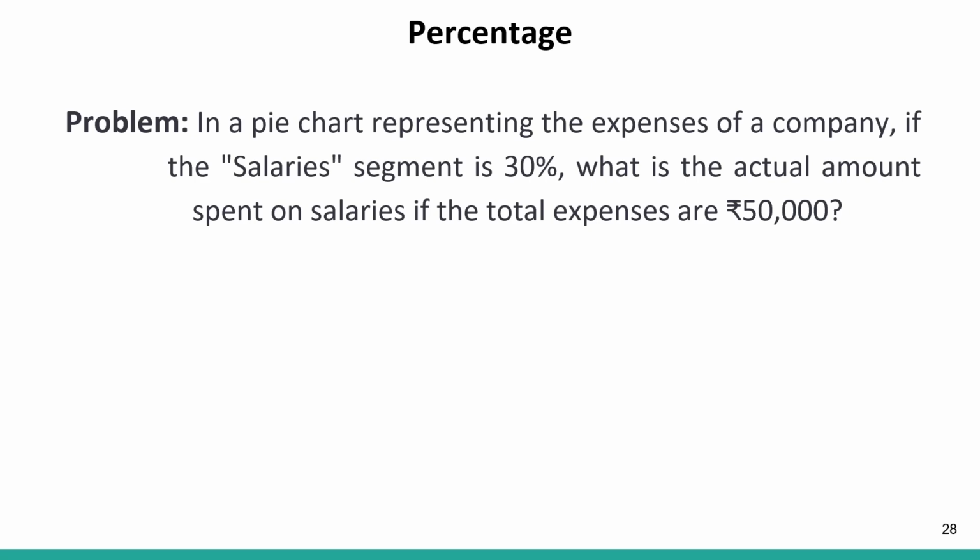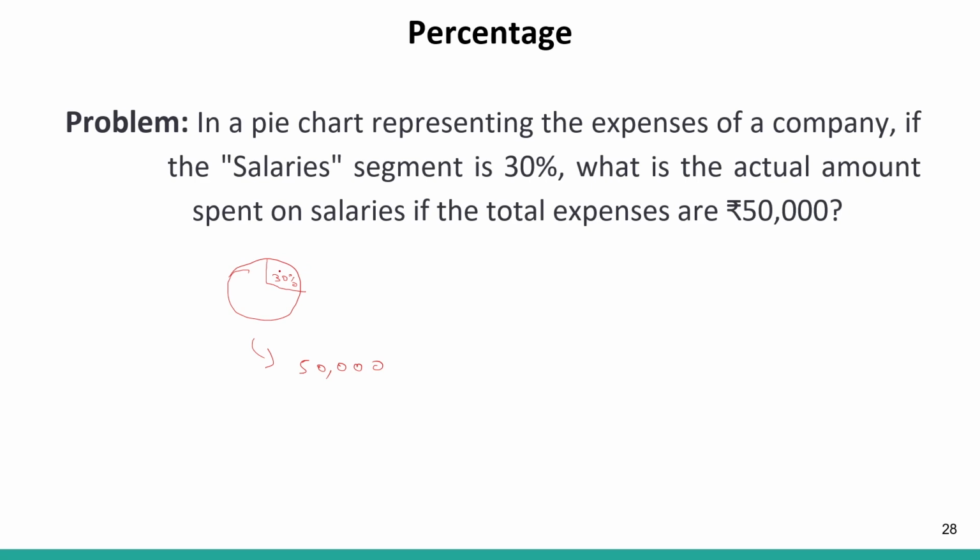Okay, let's convert this example. Let's say you have a pie, or a pizza here. It costs 50,000 rupees. The pizza is very special and it costs 50,000 rupees. And what you have is a 30% slice.